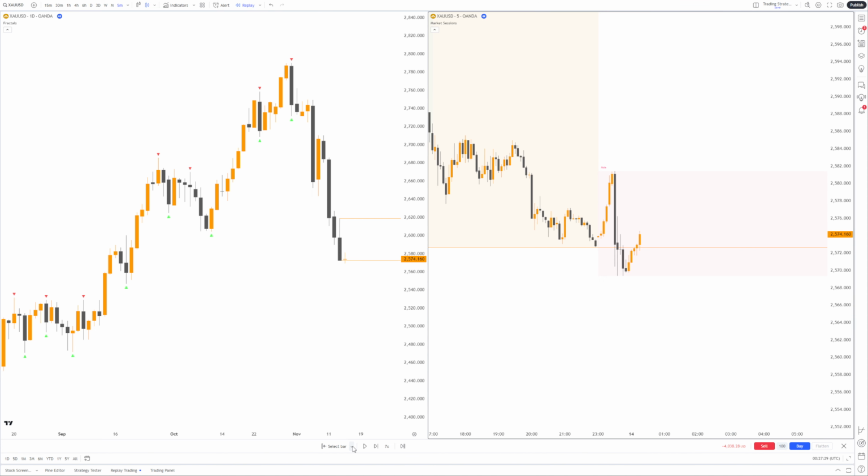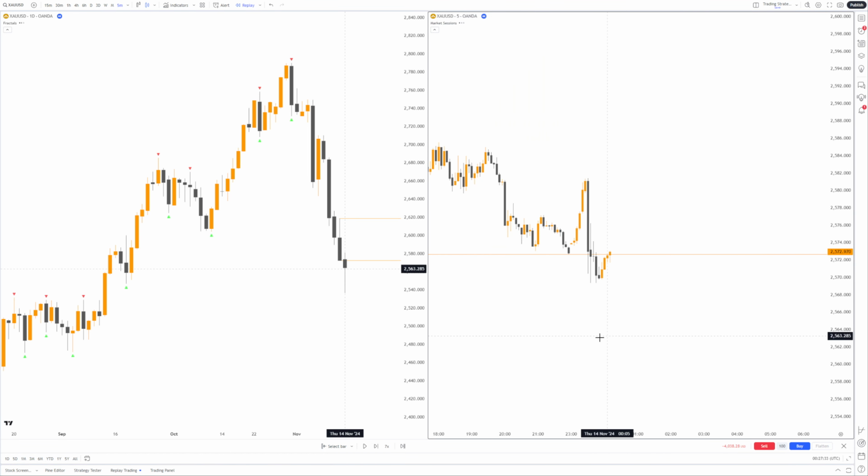We would have actually entered. Would have entered here. I skipped a bit too quickly. Would have entered there. So put our stop loss there. Entry. Stop loss below this kind of low. And we aim for a... gonna move it down a little bit just so I can hit the 2k mark.